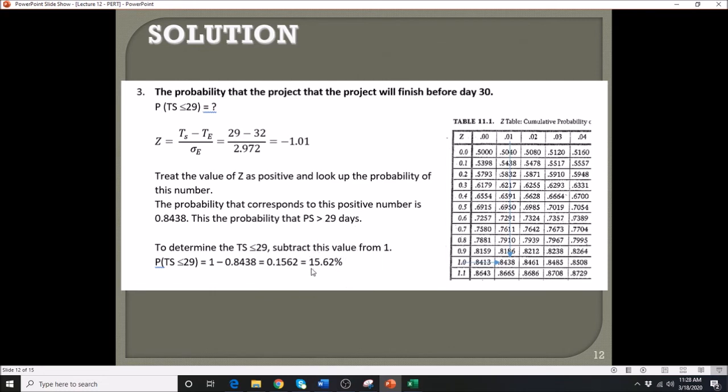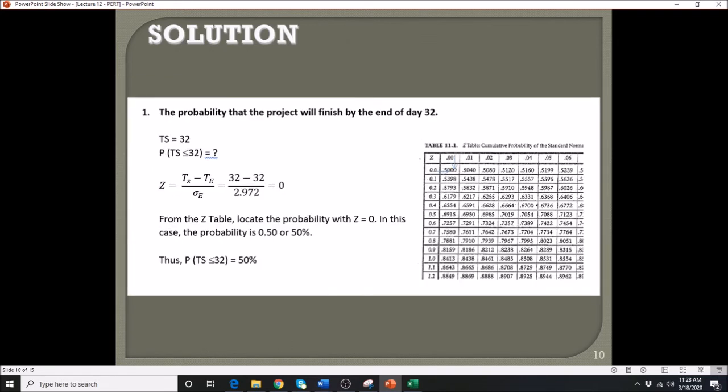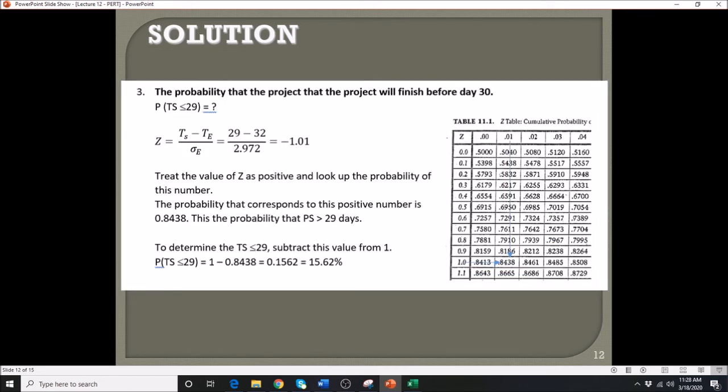So in our case, our answer will be 15.62. Remember, in the first problem, the probability of 0 is 50%, which means anything that is less than 32 days should be less than 50%. So that is your key, okay, as you move on.